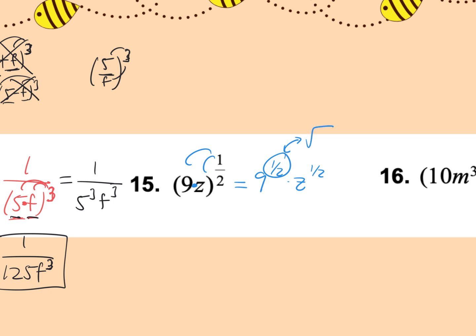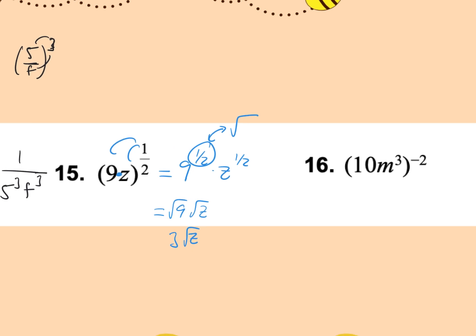And you guys have gotten into that radical section in class, right? But 1/2 in the exponent is the same as a square root. So this is really the same as the square root of 9 times the square root of z. And the square root of 9 is 3, right? So we get 3 square root of z as our actual answer, right? But once again, you'll know on your test whether to do that or not, right? And I'll go over more examples in class if that's the case.